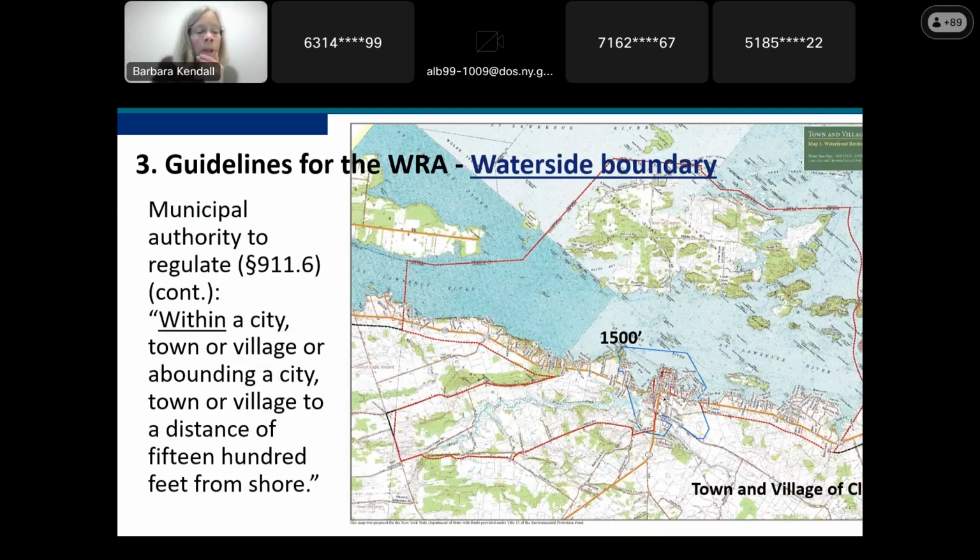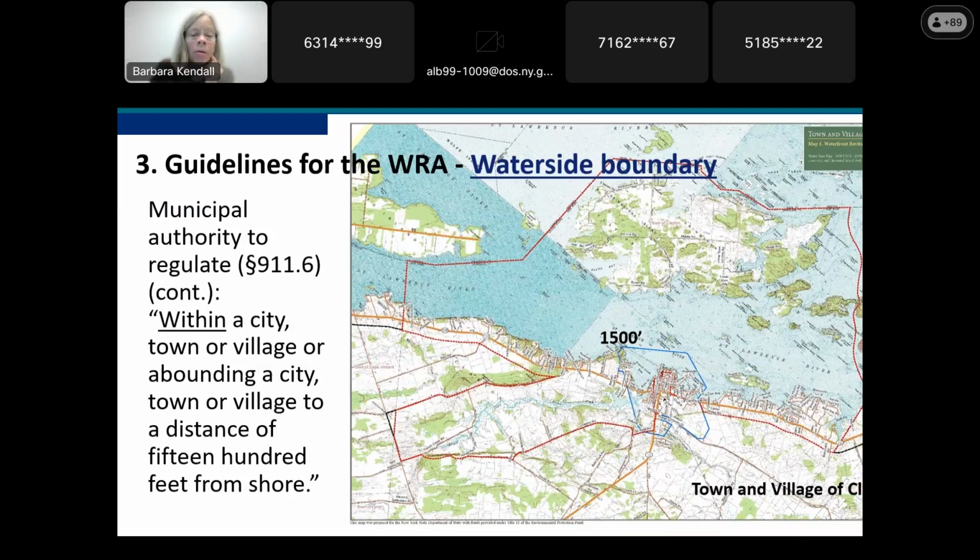I put this up again just to show that 911.6 Article 42 says the waterside boundary is within a city, town, or village, or bounding a city, town, or village, to that distance of 1,500 feet.